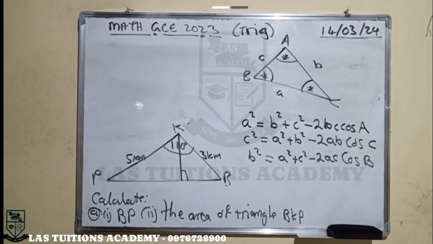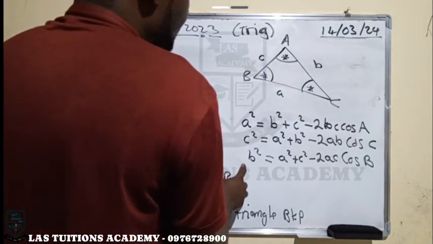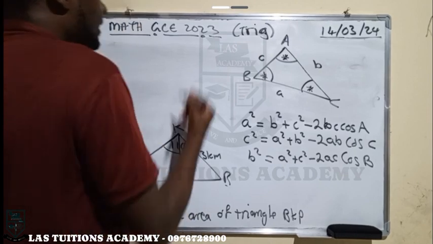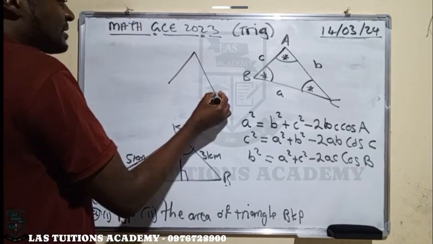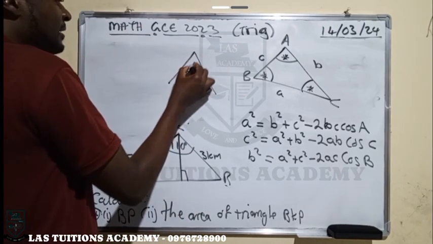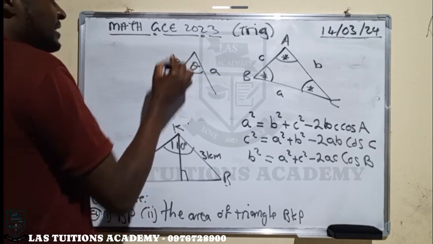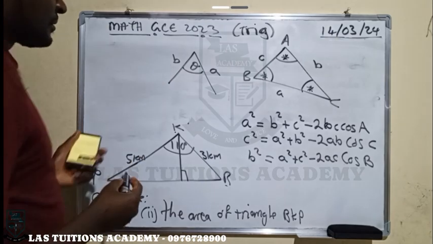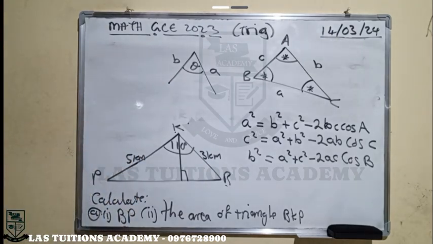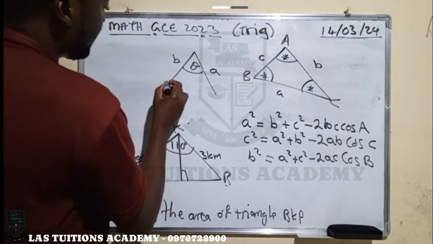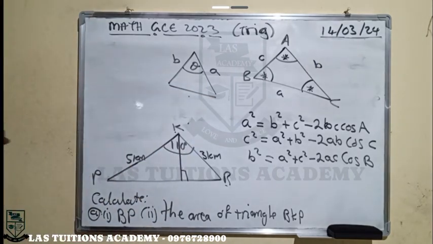So we only use these formulas when we are given two sides and one angle. It should always be like this: the angle is here, and there's a side here, and a side there. You are looking for the other side, so you use the angle for the opposite side.